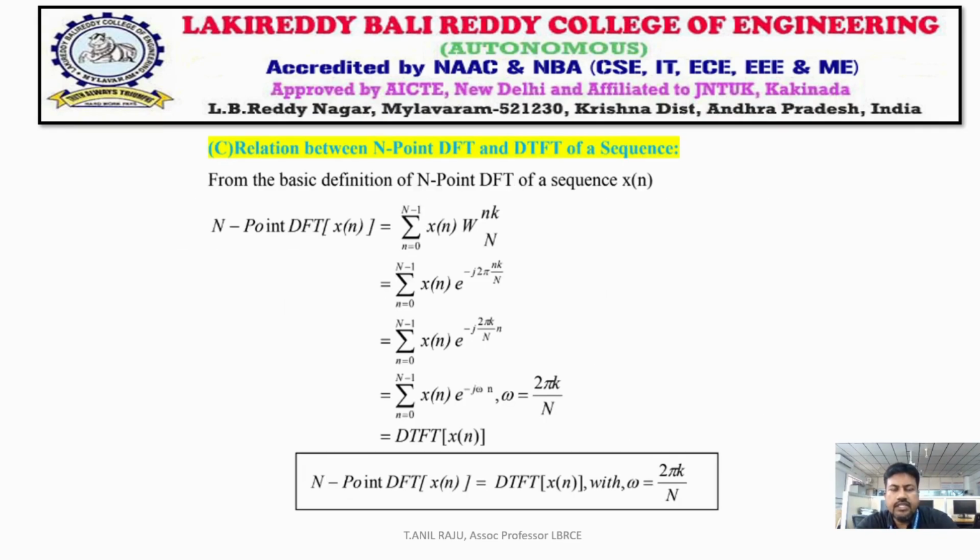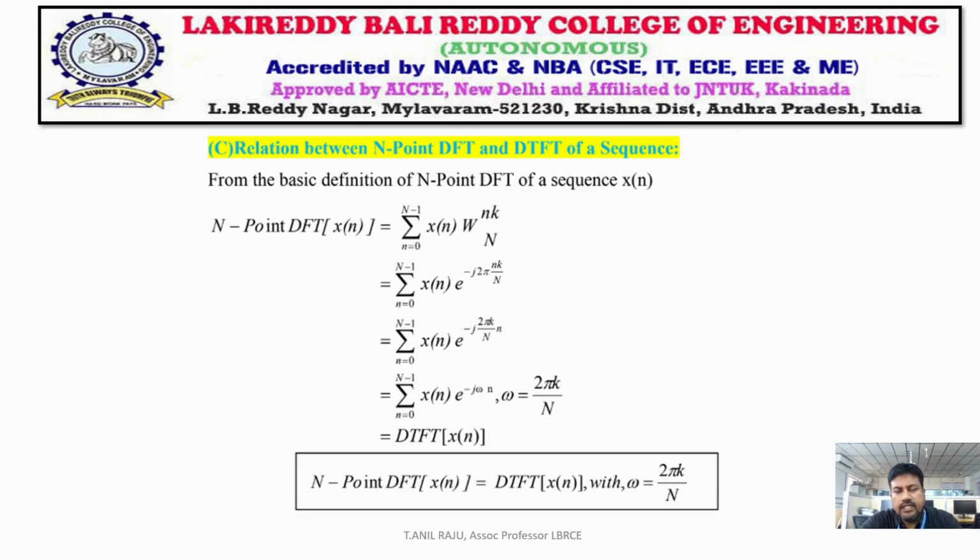Coming to the relation between the N-point DFT and DTFT. We all know that DTFT stands for discrete time Fourier transform, and DFT for discrete Fourier transform. What is the main difference?